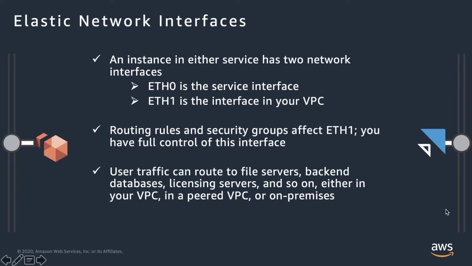You provide access to your instances to file servers, backend databases, licensing servers, and so on, either in your VPC, in a peered VPC, or even on-premises via the ETH1 interface. The control traffic, that is the PCoIP traffic for WorkSpaces, and the streaming pixel traffic over DCV goes over the ETH0 interface.